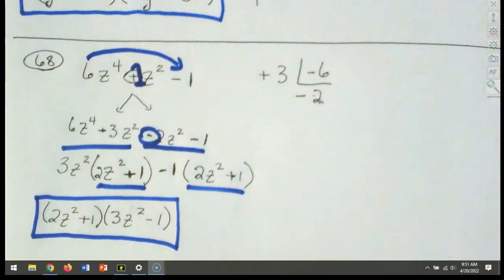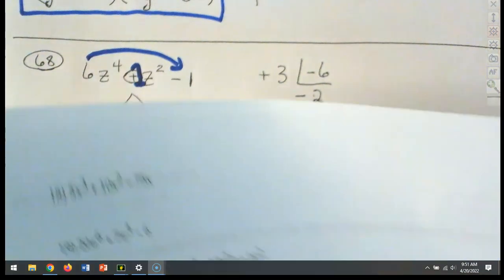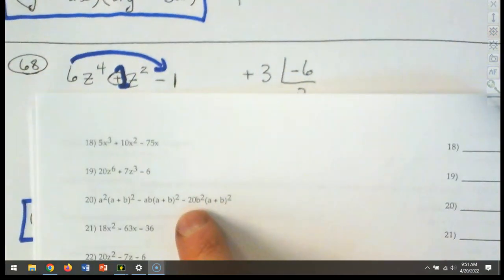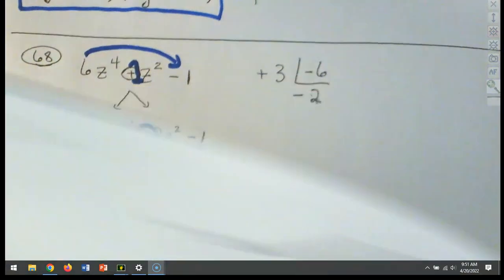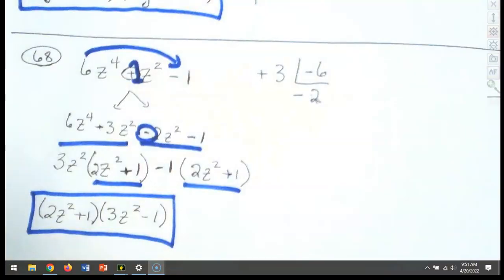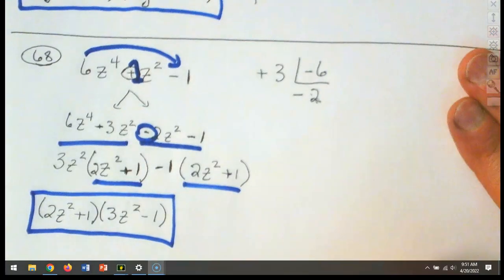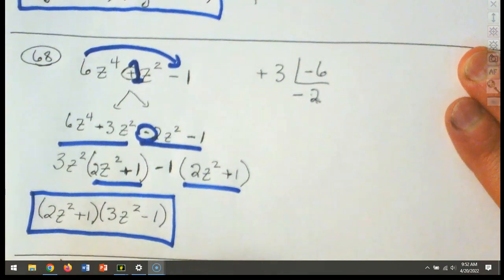Now let's look at one that's like question number 20. It's going to be different, we're going to factor something different out, but it's going to be like question 20 in homework 5.2.